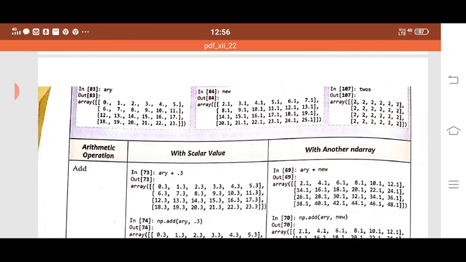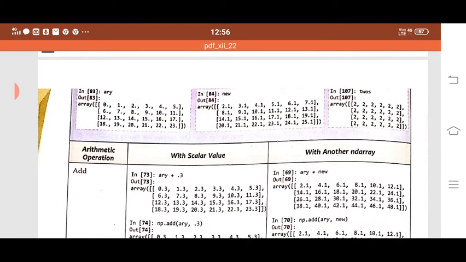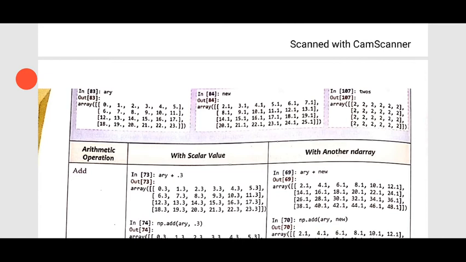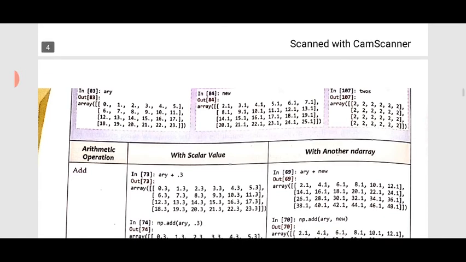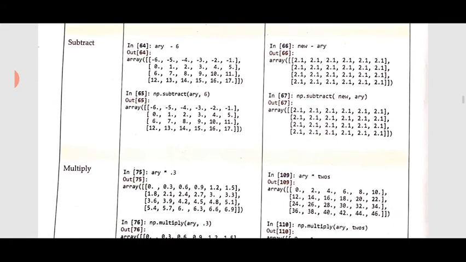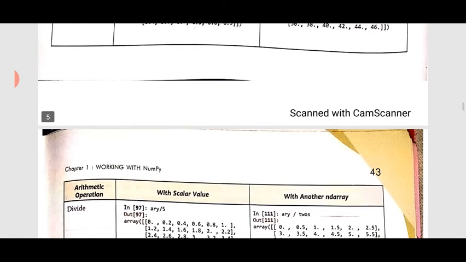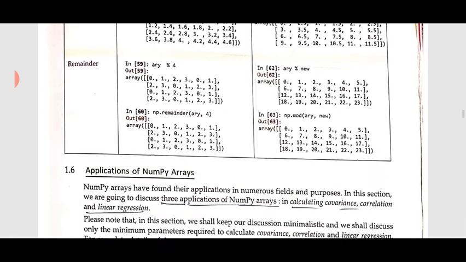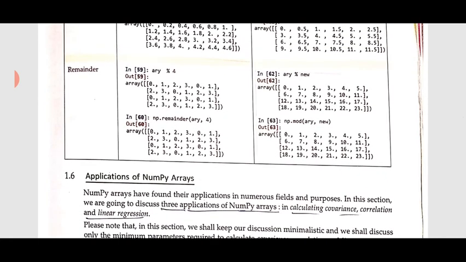You are familiar, 4,6, 4 rows and 6 columns. Here also 4,6. So the shape must be the same, then only is any arithmetic operation between arrays possible. Otherwise it will support vectorized operation. If it is an array, then it will support vectorized operation. And if you want to do any arithmetic operation between arrays, then both array shapes must be the same.